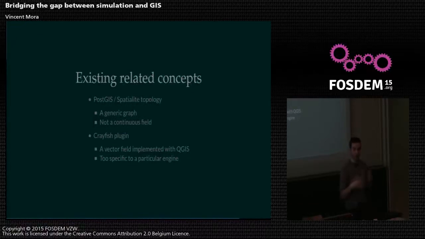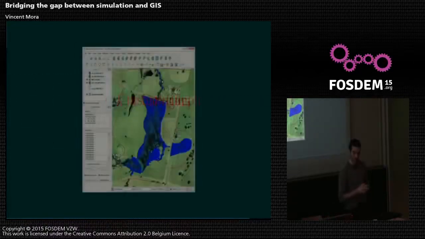But that could be the base for something better. And there is also, from another point of view, the Crayfish plugin for QGIS that is made by Lutra Consulting. They have implemented a vector field in QGIS, which is very interesting. But unfortunately, it's a bit too specific to a particular engine. But it looks like this.